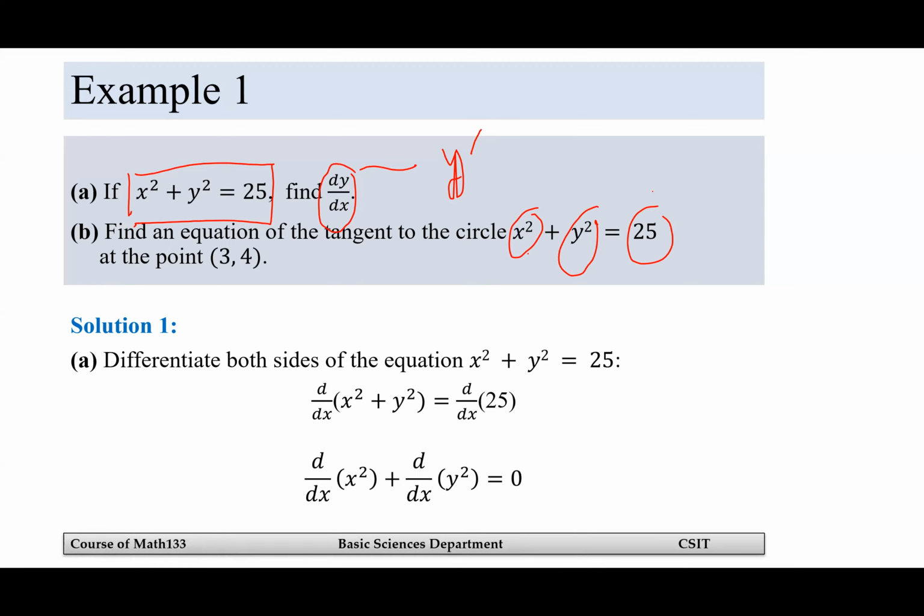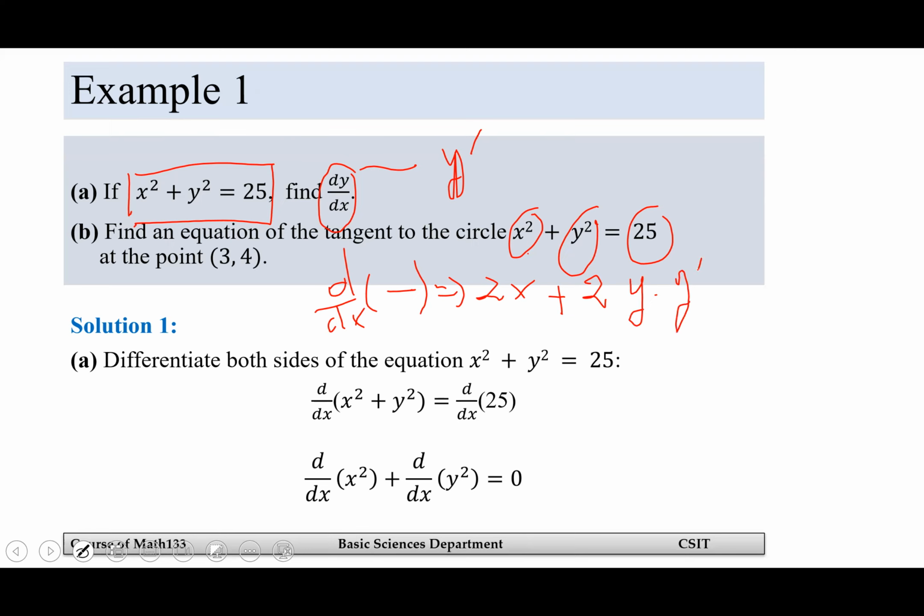That will give the following. I will apply d over dx to the equation. The derivative of x squared gives 2x. The second one is a function of x powered by 2, so I will apply the chain rule. It's 2y, don't forget, times y prime.